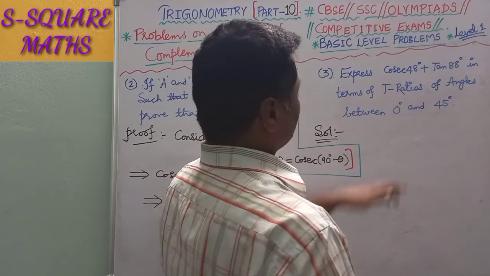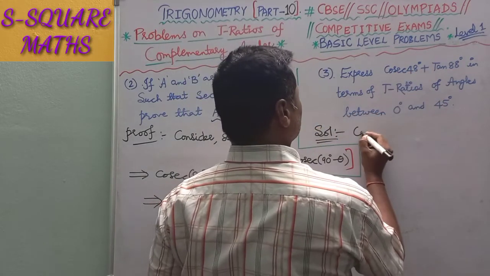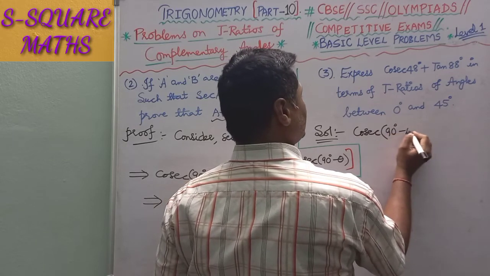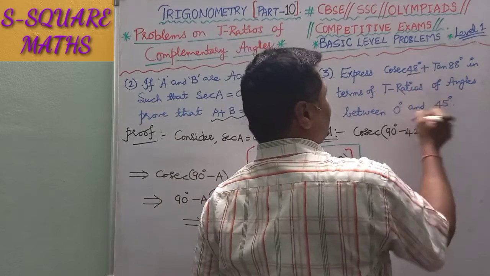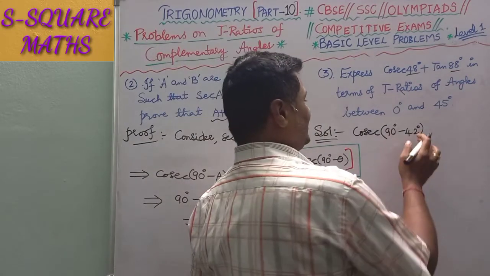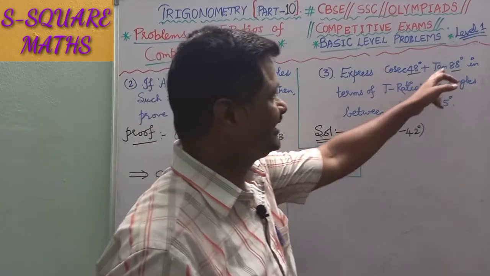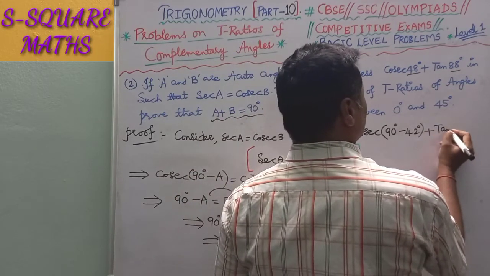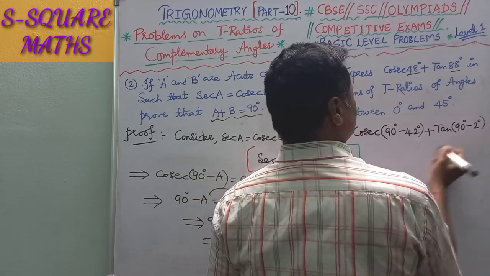So now here 48 can be written as cosec of 90 degrees minus 42. Just replace 48 here. Next 88. So 90 minus 42 gives you 48 and 90 minus 2 gives you 88. So plus tan of 90 degrees minus 2 degrees.